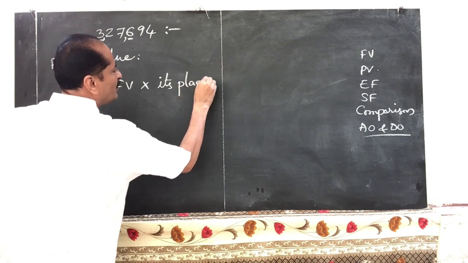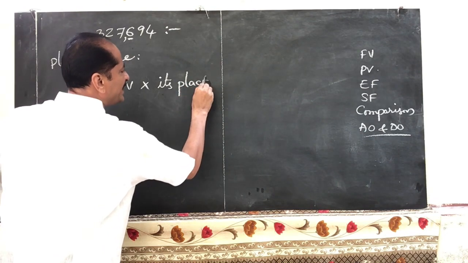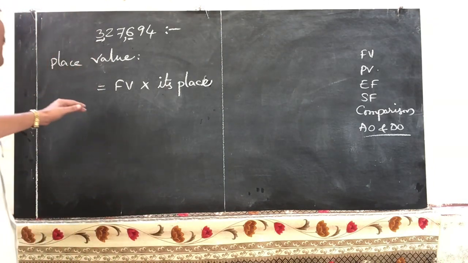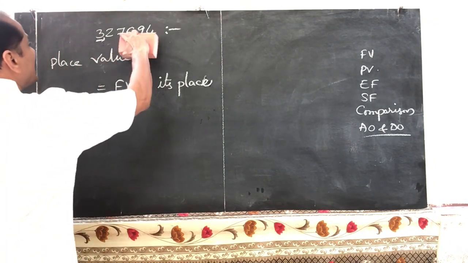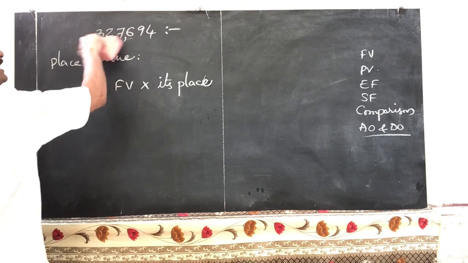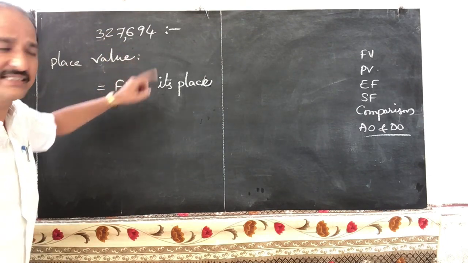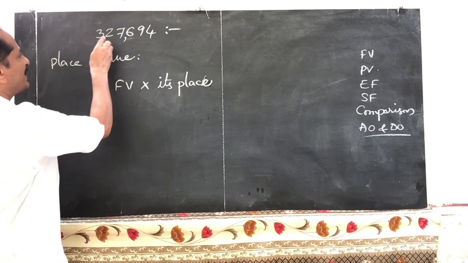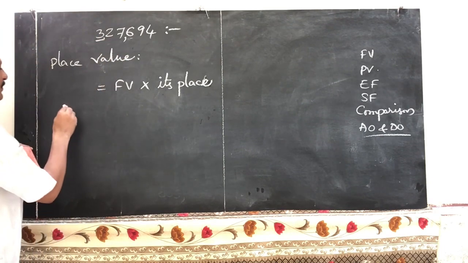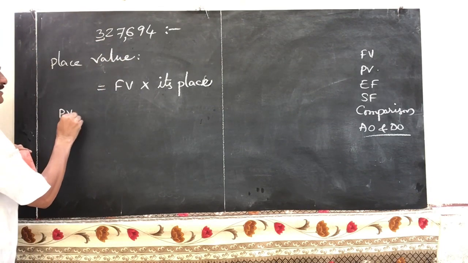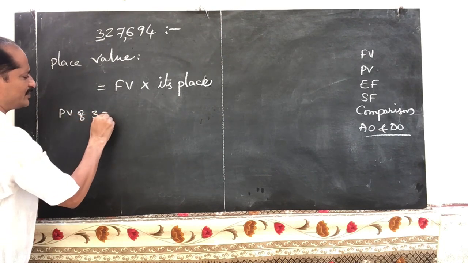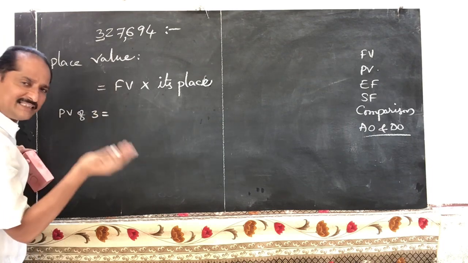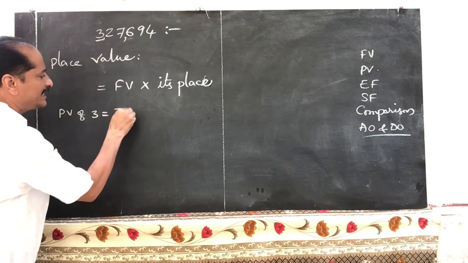So we are dividing any number into periods and places. Now to know the place value of each digit of this 6-digit number, see here. To write down the place value of 3: place value of 3 is equal to face value, which is the digit itself, so 3 into its place.